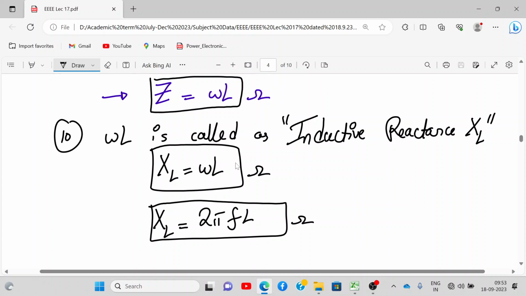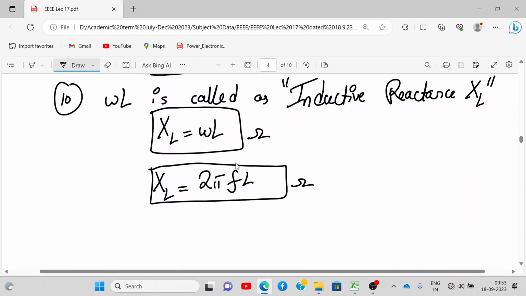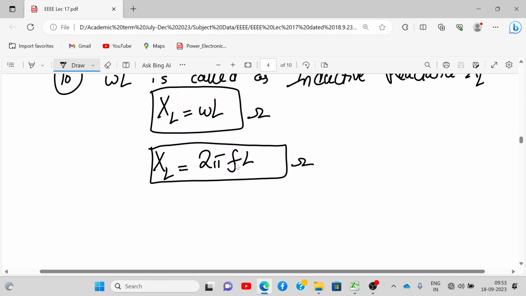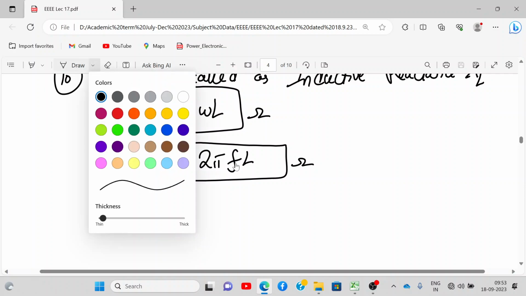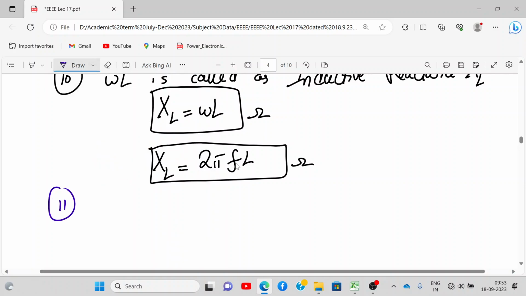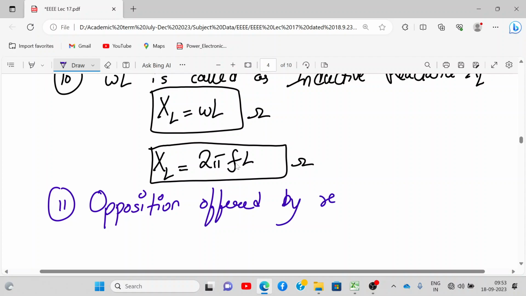So write down a statement over here. The opposition offered by reactive elements. Which are the reactive elements? L and C, right?